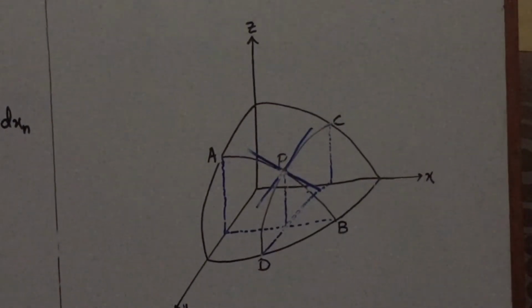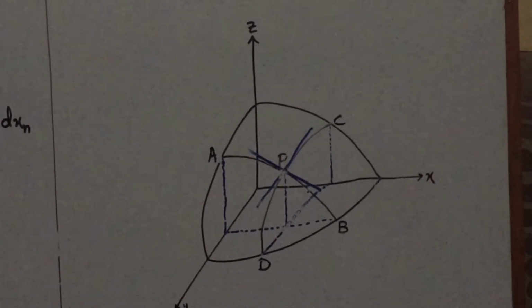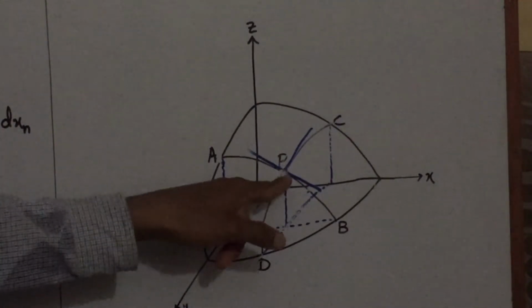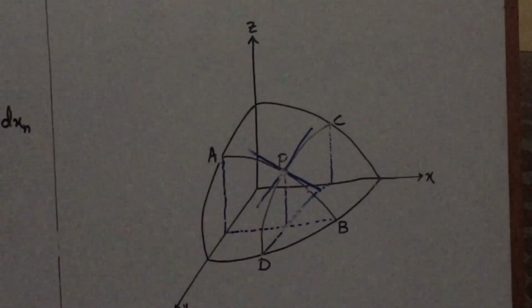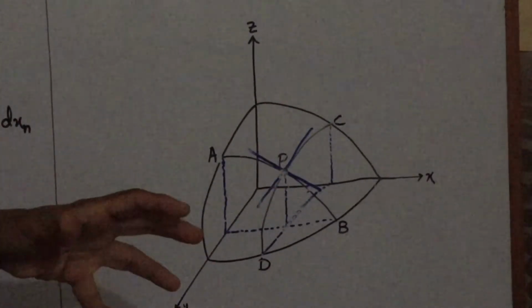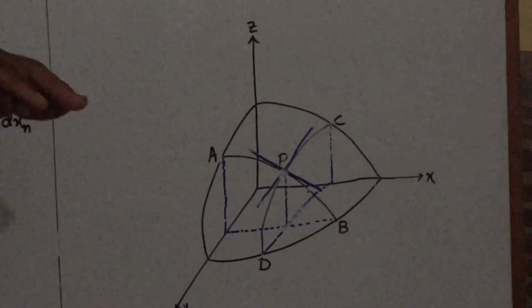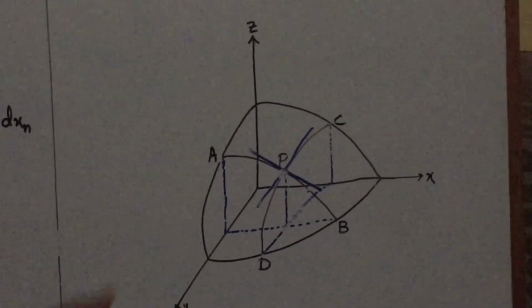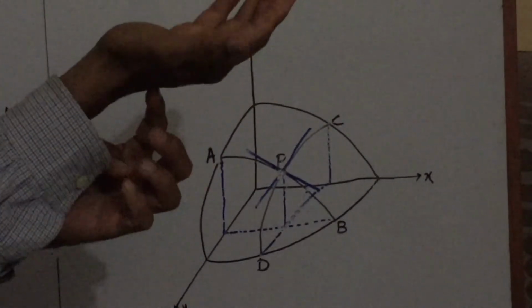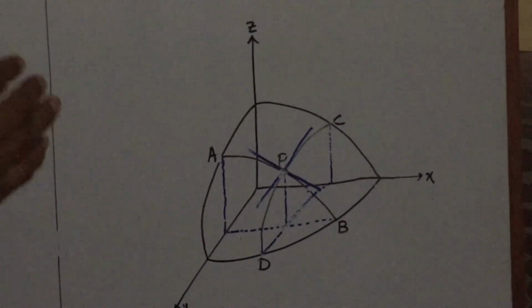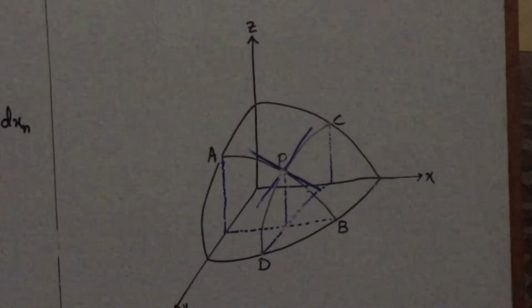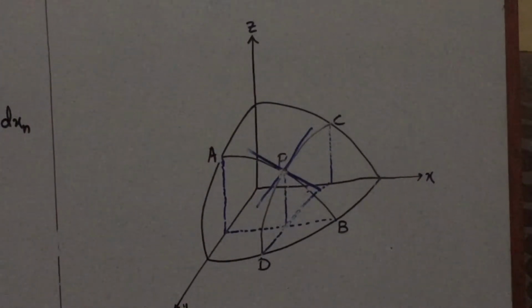So in concavity, first we take the derivative of the function and then we equate it with zero. Why do we equate it with zero? Because at this point P, it is either a maximum or a minimum, we don't know which. This is a maximum point, this is a minimum point. So at this point P, which is either maxima or minima, the slope should be equal to 0.